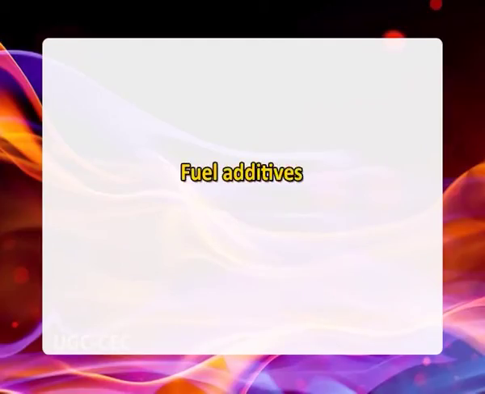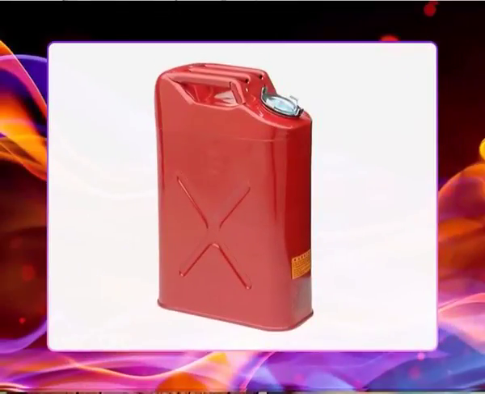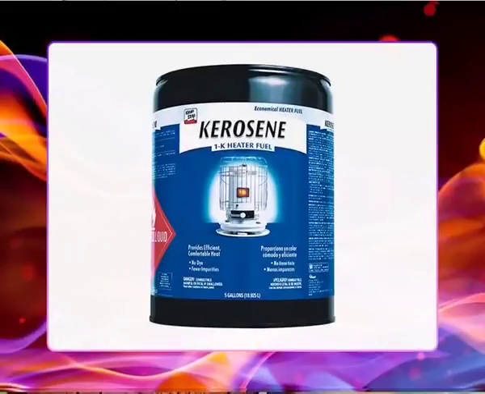Now coming to the fuel additives. Most fuels such as gasoline, kerosene, gas oil and fuel oil have drawbacks which do not allow their long-term storage, make difficult transportation and even use.